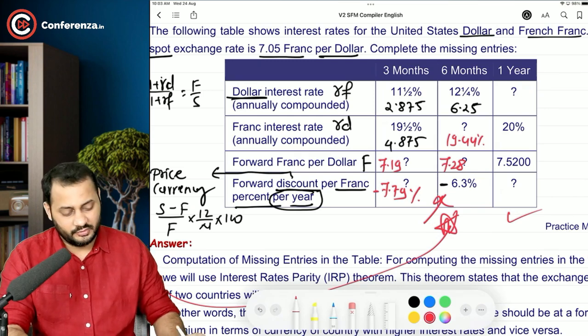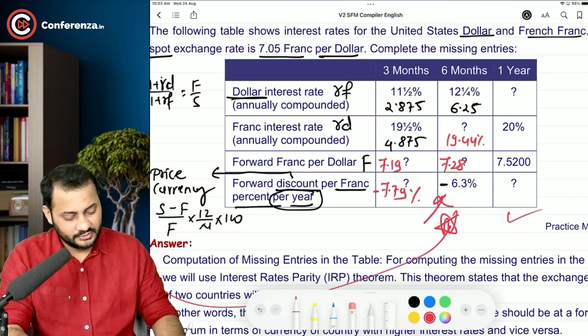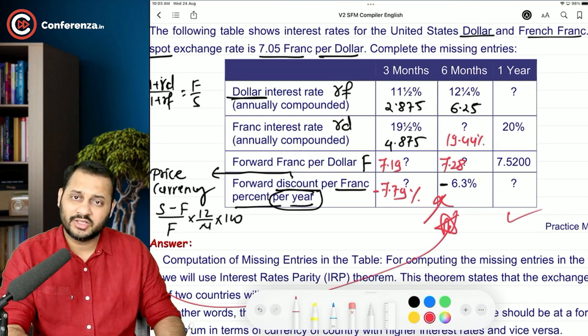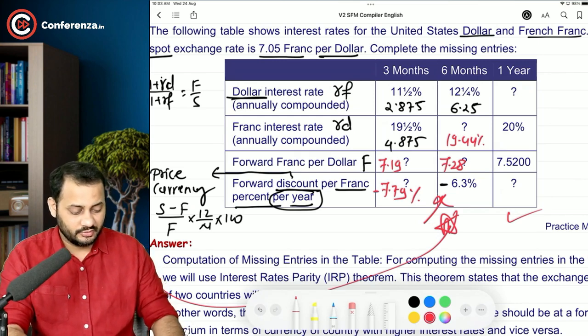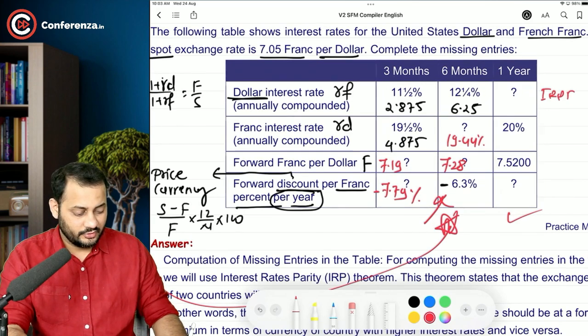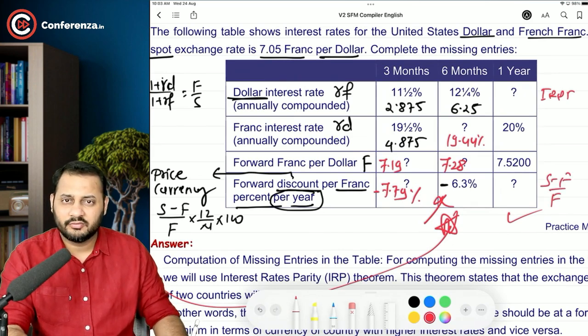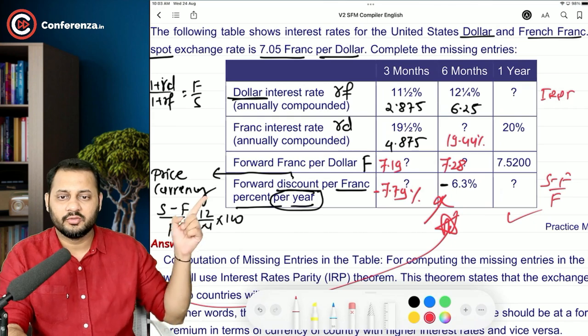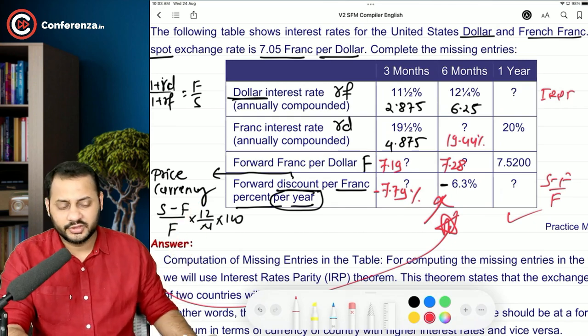In a similar way, we have to do the calculation for 1 year, and I am leaving that to you. See, in the third part you can use any formula first. You can use the IRPT and calculate the forward rate in that, and you can use the (S minus F) divided by F into 12 by N formula to calculate the discount as well. Both things are possible.